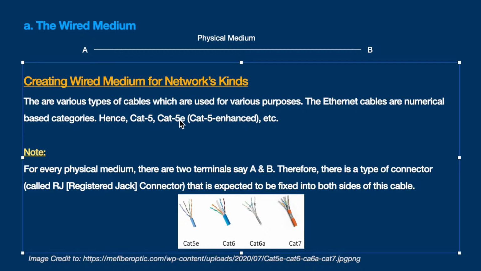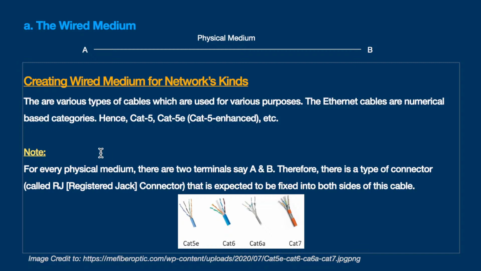Meaning there are features that are added to the previous version of cat 5. That's why the addition of that E. Most of them are like that. We are going to see that as we progress.